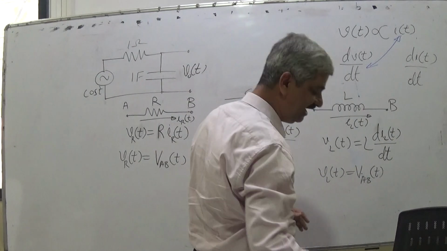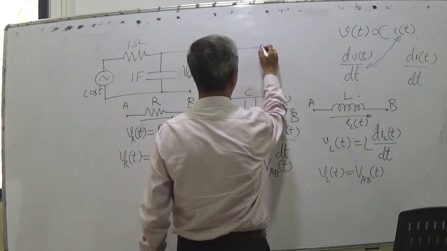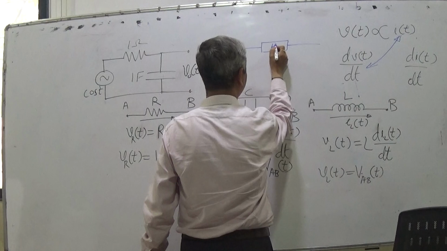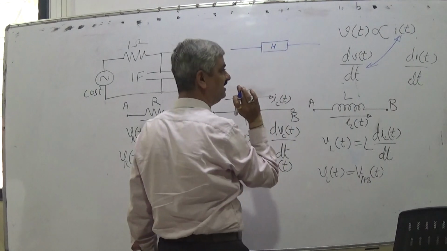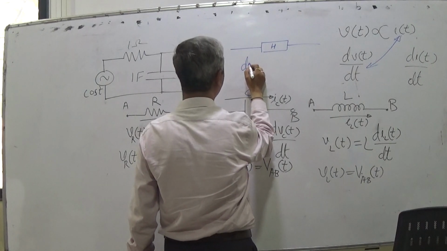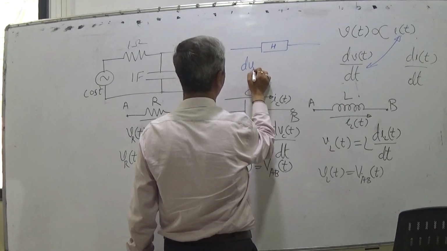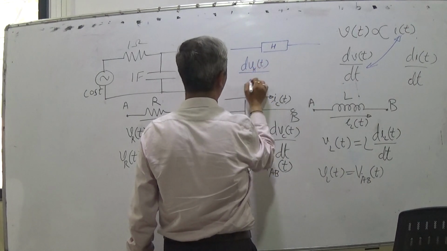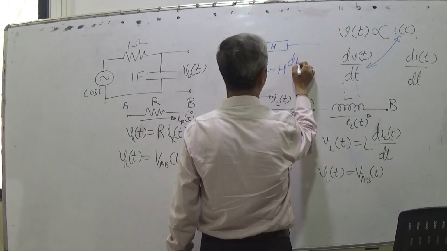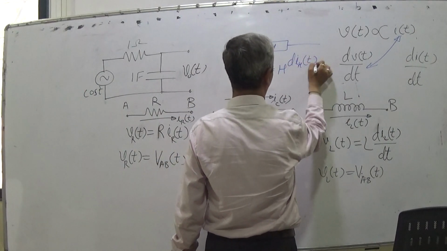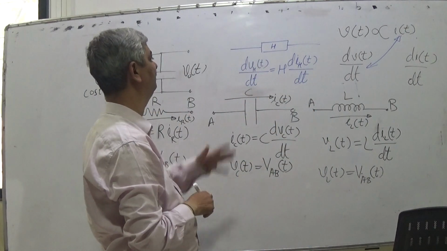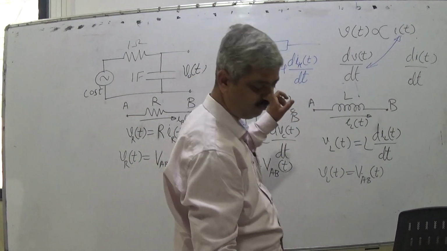Whether a new hypothetical device H, I have deliberately used the word H, is such that dVht upon dt is equal to H dIht upon dt is the only condition it will fulfill.